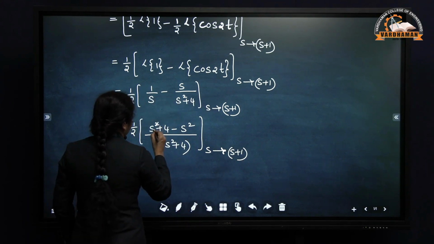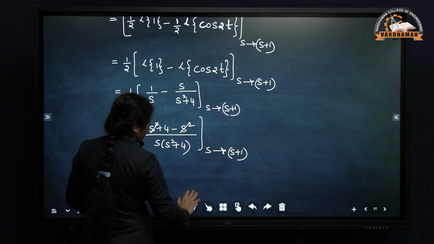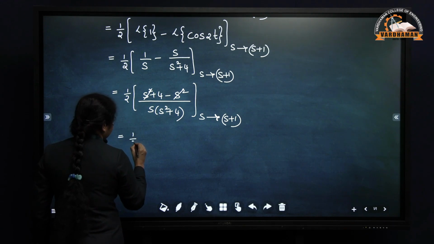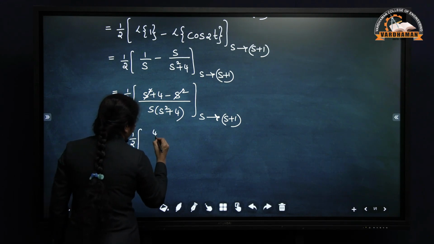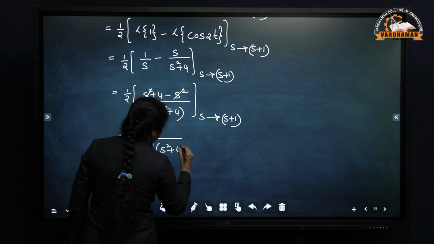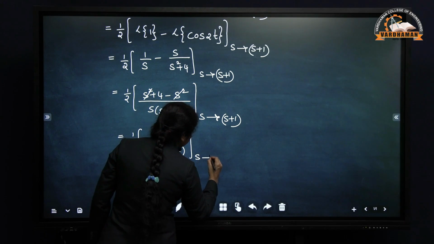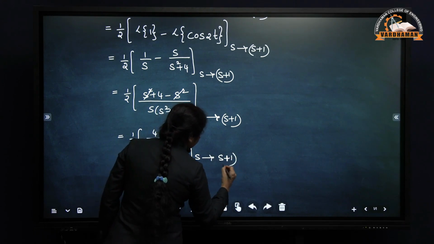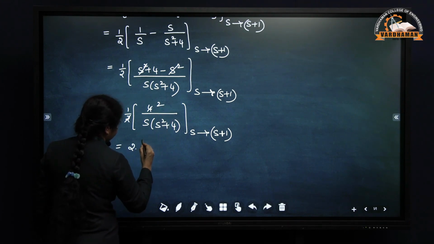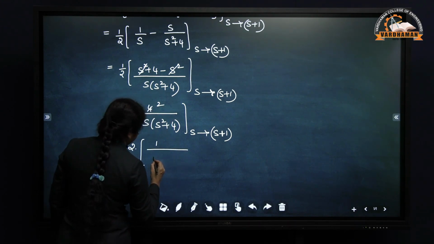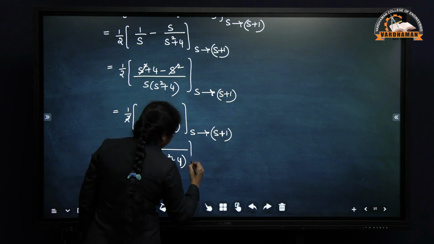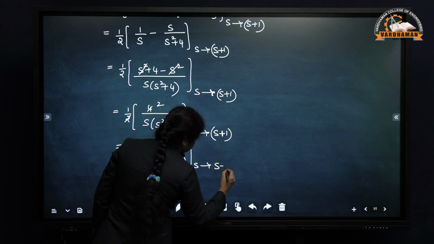Now after cancellation of s square, we get the term as 1 by 2 into 4 by s into s square plus 4, and here we need to change s with s plus 1. So cancelling this term gives 2 into 1 by s into s square plus 4, and change s to s plus 1.